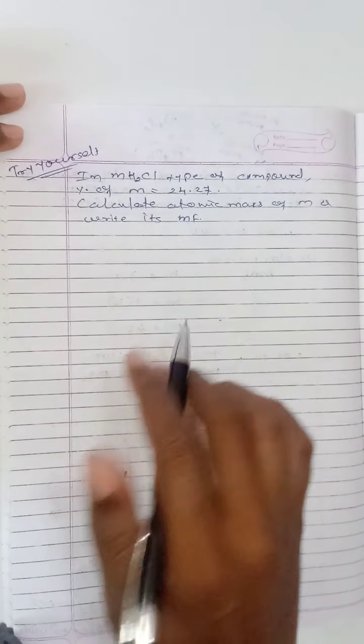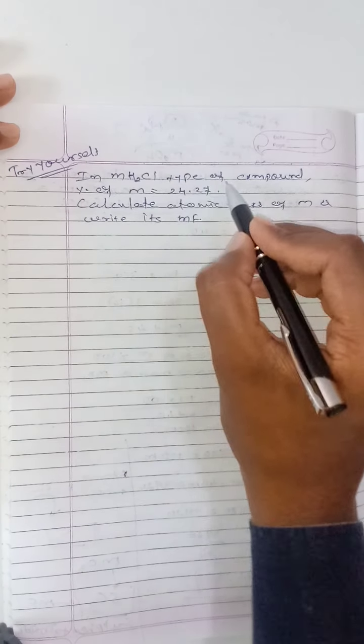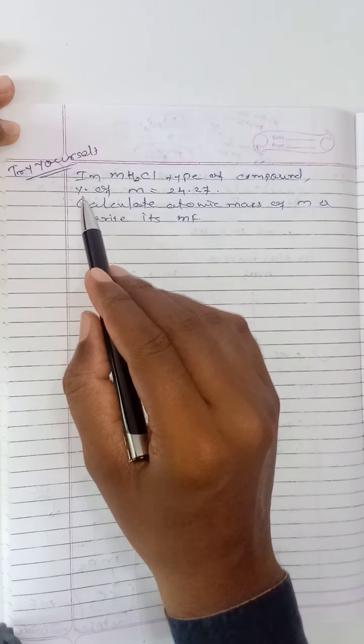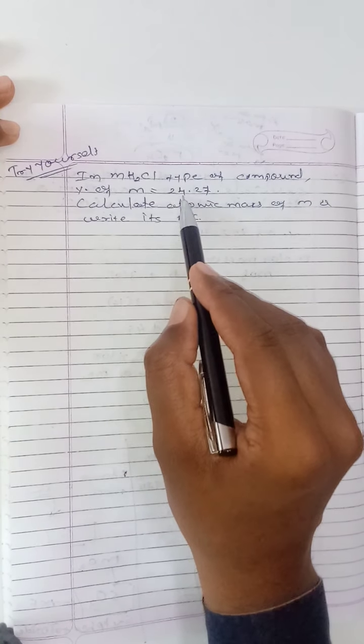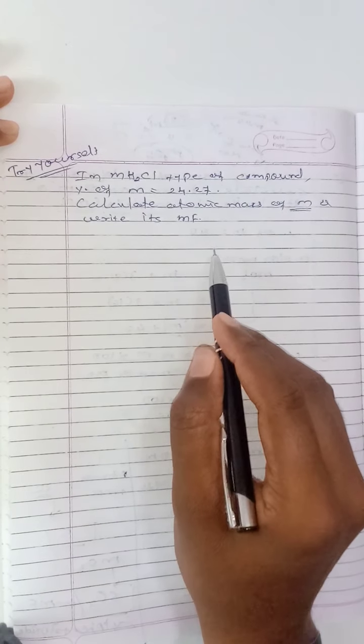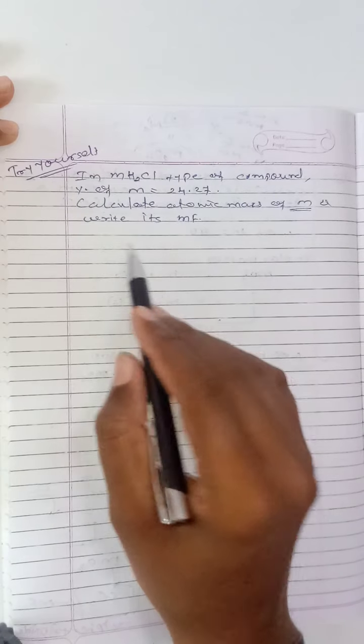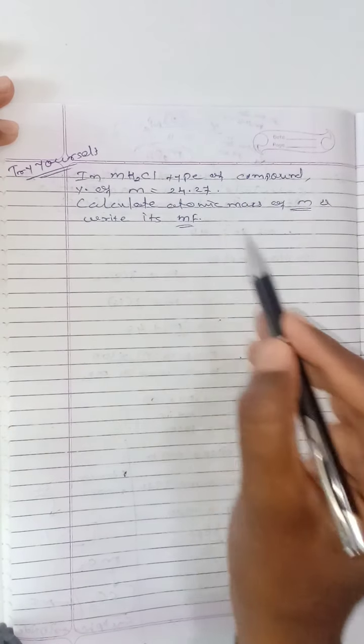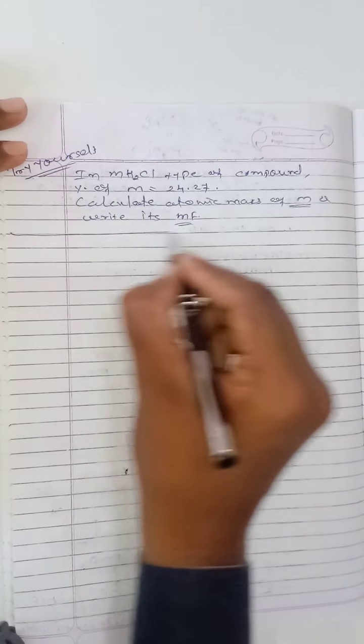This is another example, try it yourself. In an MH2 type of compound, the percentage of M is equal to 24.27. Calculate the atomic mass of M and write its molecular formula.